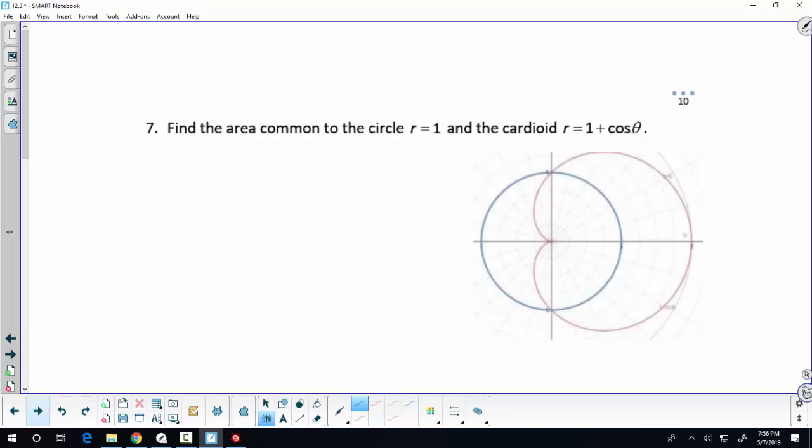All right, so let's try this one. Find the area that's common to the circle, r equals 1, and the cardioid, r equals 1 plus cosine theta. I'll give you a graph on the final, so you'll have the figure that's provided.